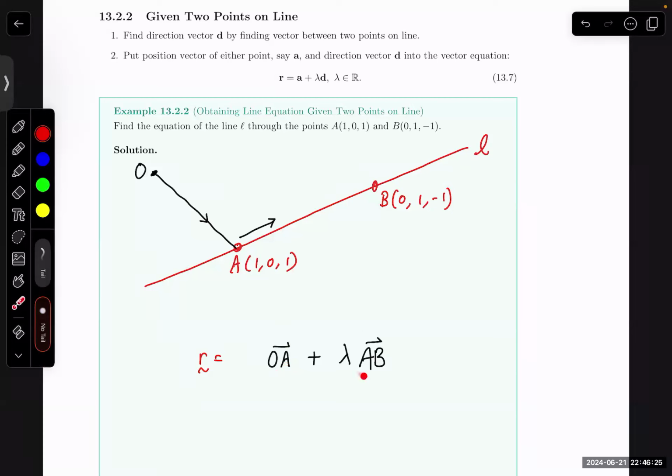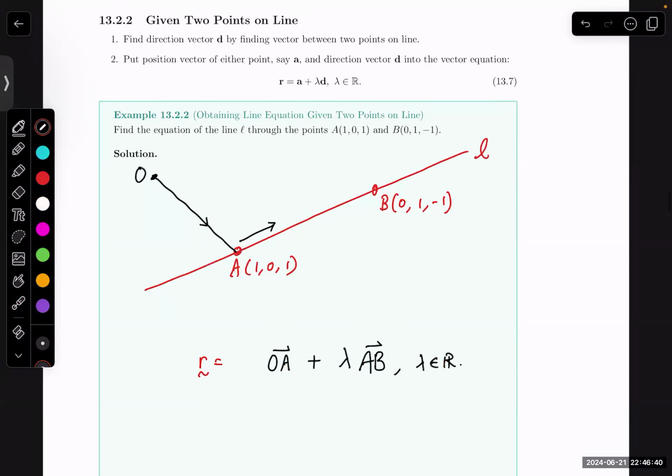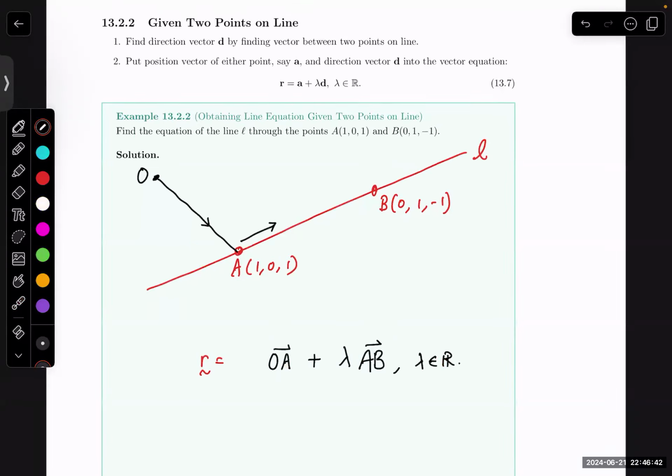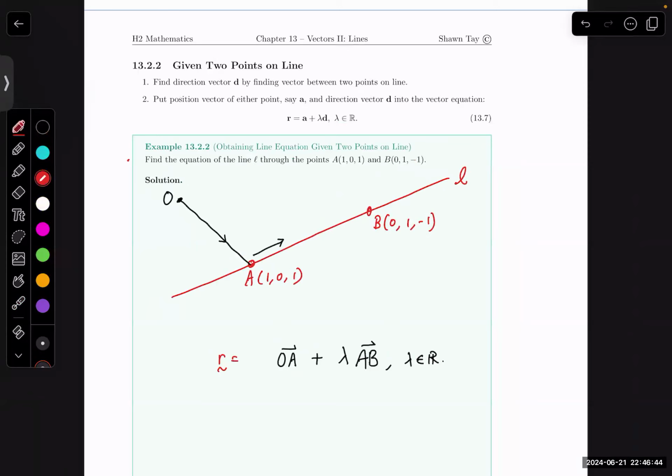Second part is look in the direction and you can take any number of steps, any fraction, any decimal, any positive, negative number of steps. Then you will be able to visit the whole line. This is how you build the line equation, or how you build a line. So this is the other way to find the equation of a line. Next one.